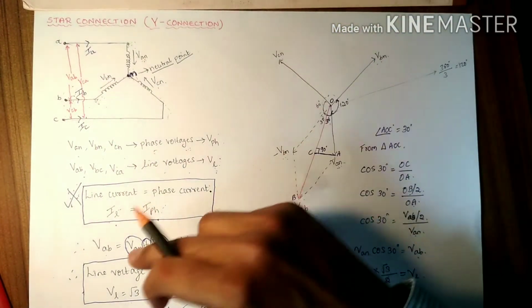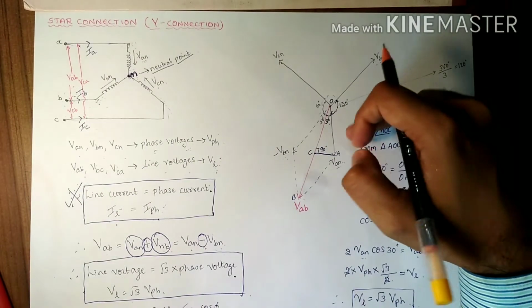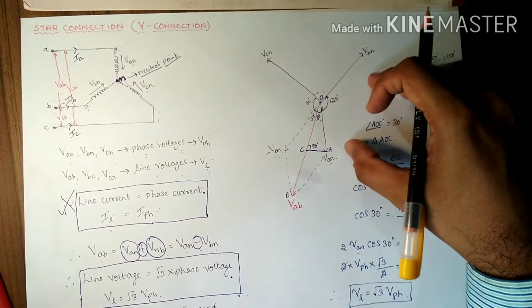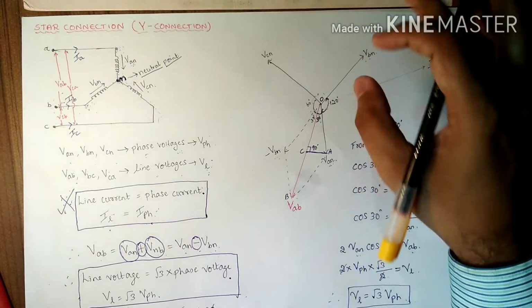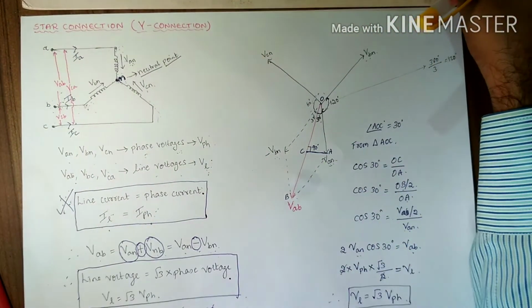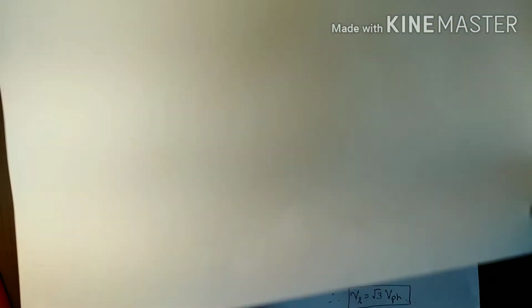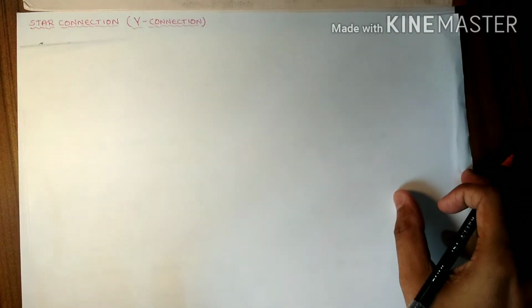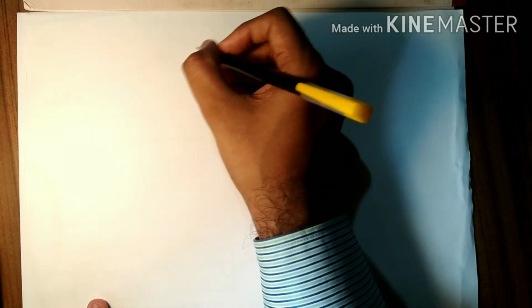So now after this I must look after the phasor diagram. So here you must draw the phasor diagram. So here it is already drawn, but it is my duty to make it clear for you. So here we know that this is three-phase connection, right?